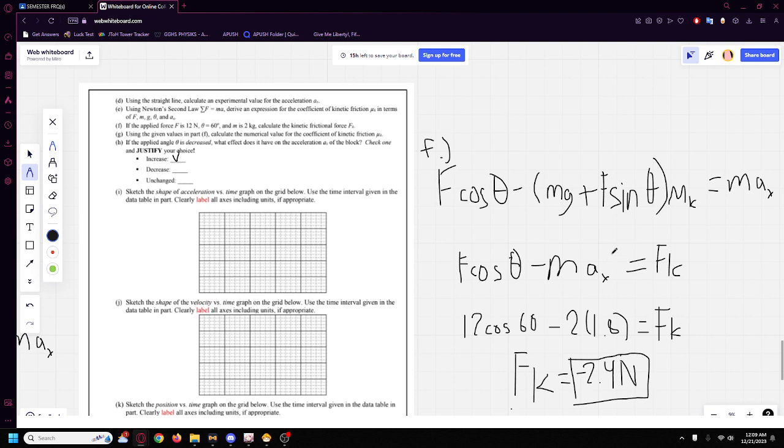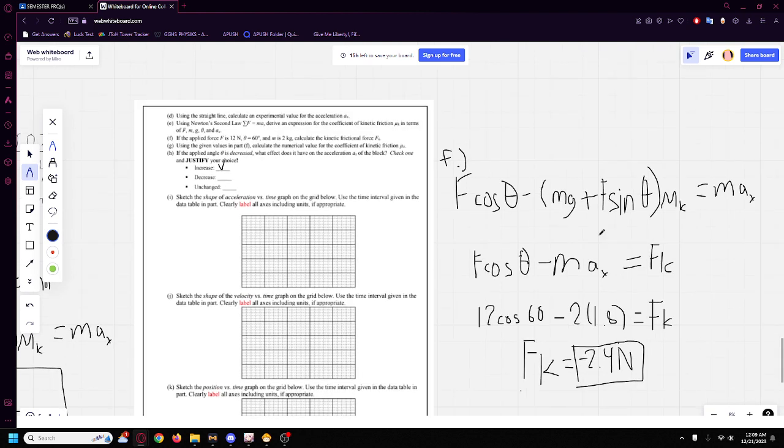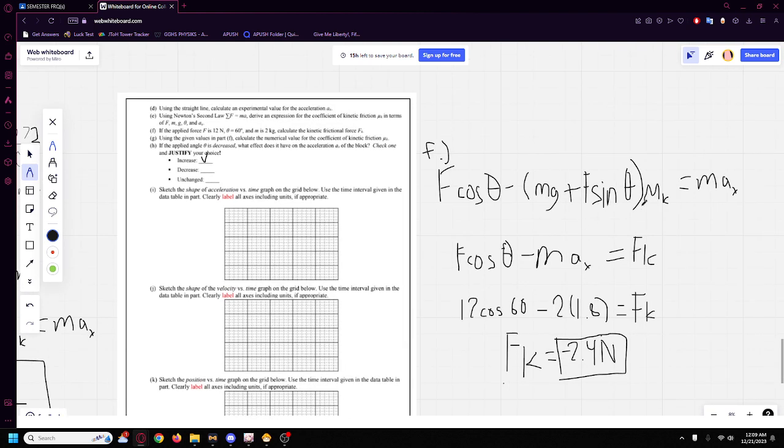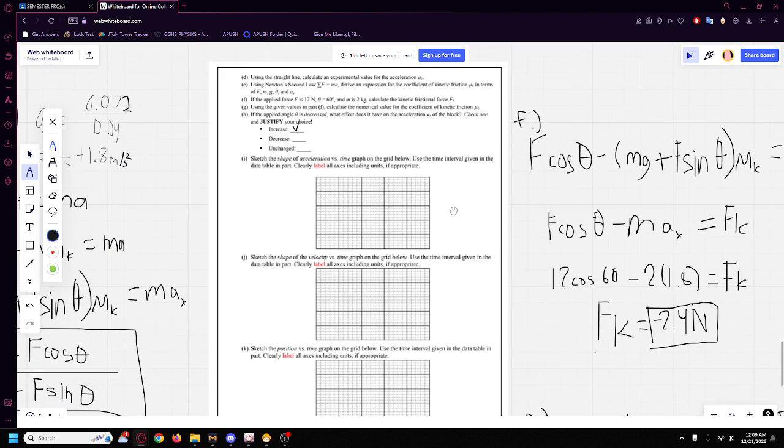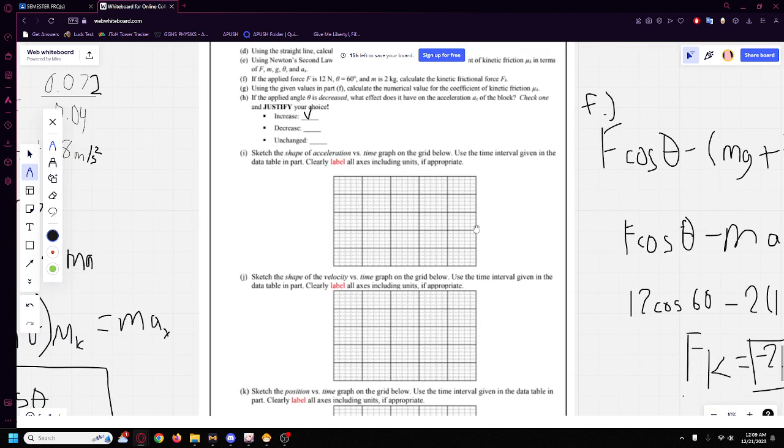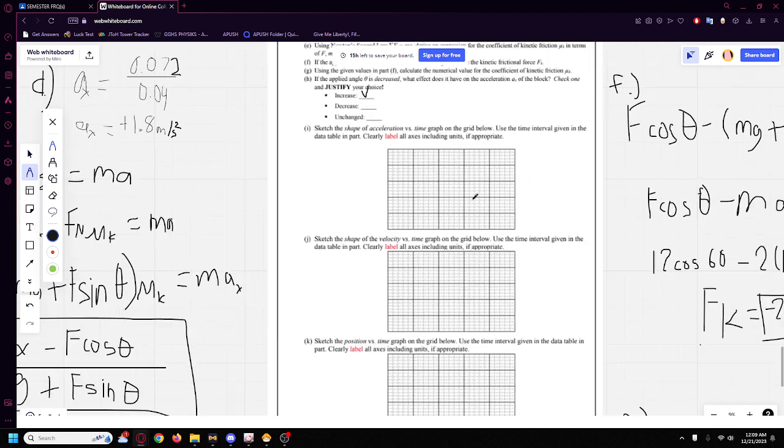The acceleration increases because as the angle decreases, then sine will get smaller and cosine will get bigger. And when the top number is higher, then the acceleration will be higher.